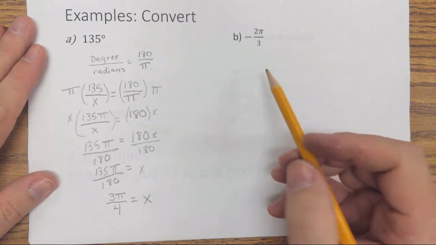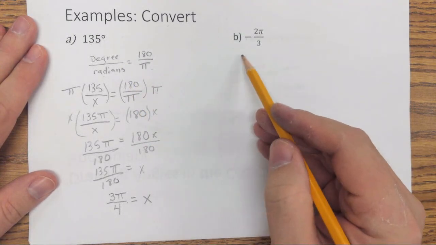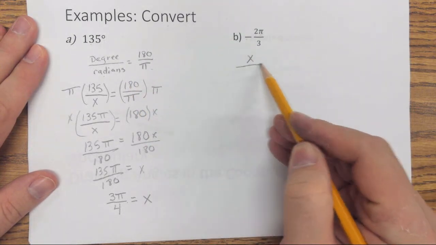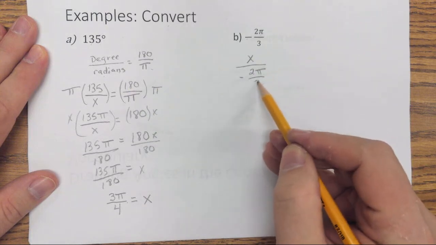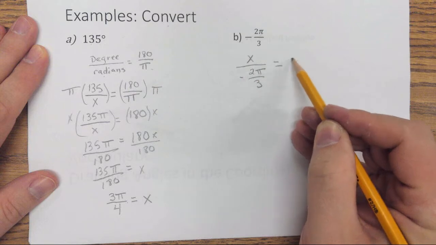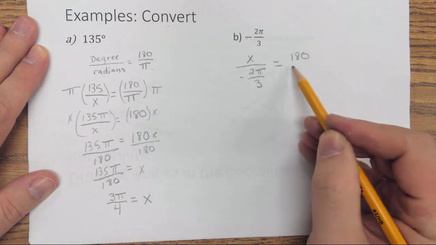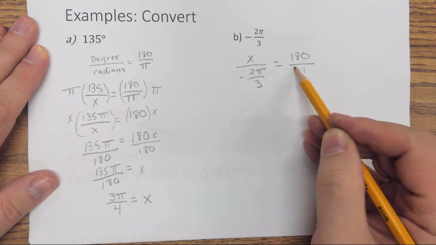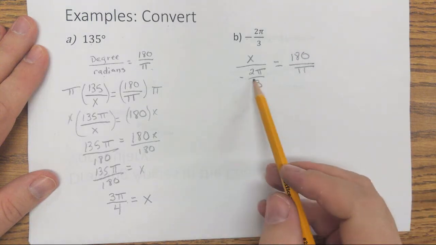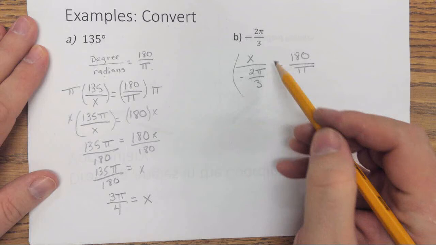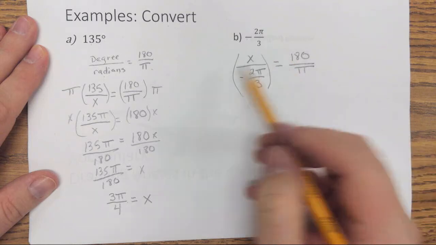We're going to set this up the same way. We don't know what the degrees are this time, so we're doing x over negative 2 pi over 3, and that's going to be equal to 180 over pi. We're going to multiply both sides by negative 2 pi over 3.